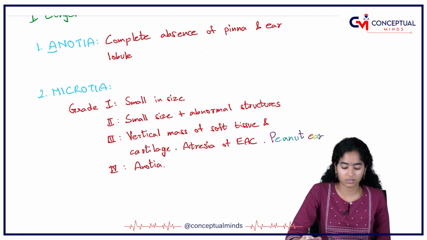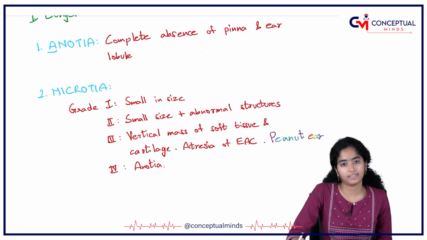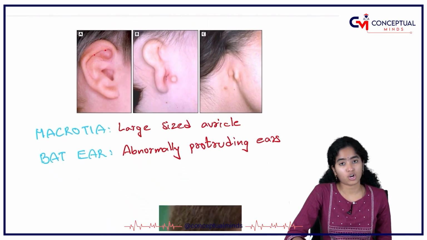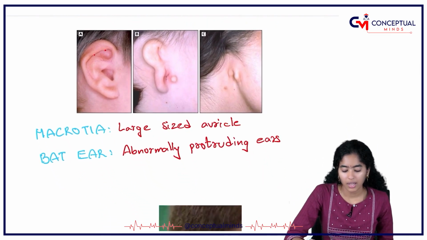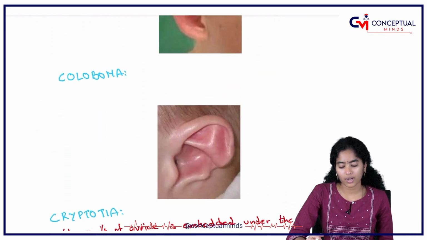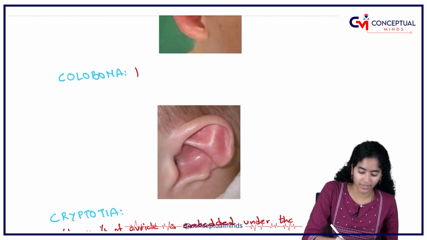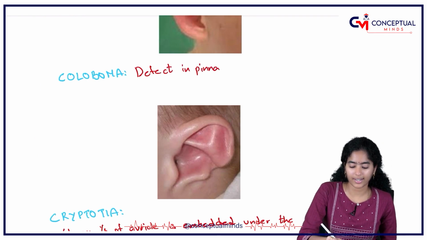It is one of the variants in grade 3 microtia. Next we have macrotia, which is large-sized auricle. Then bat ears are abnormally protruding ears. And coloboma is a defect in the pinna. Coloboma is a defect in pinna that will result in a crooked helix.